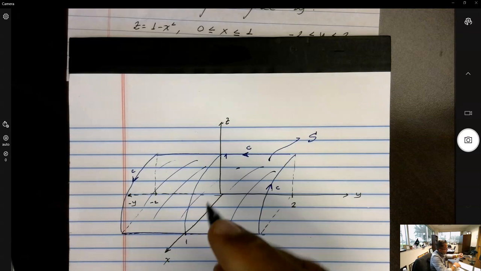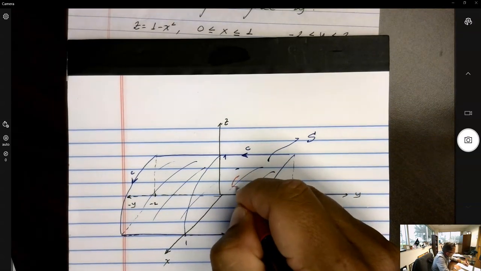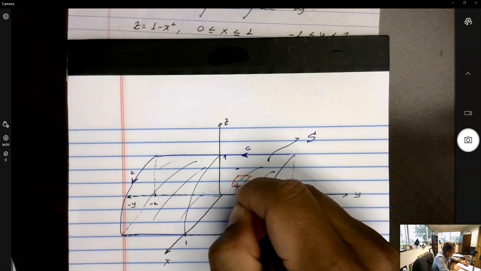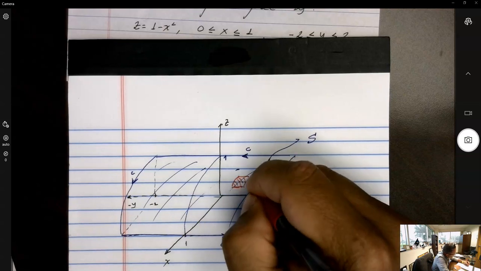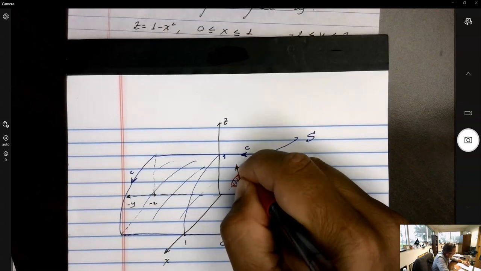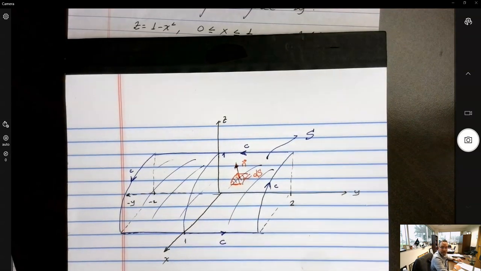And if we define, let's say, a differential of surface right here with a normal vector. So this is the differential of surface, dS.